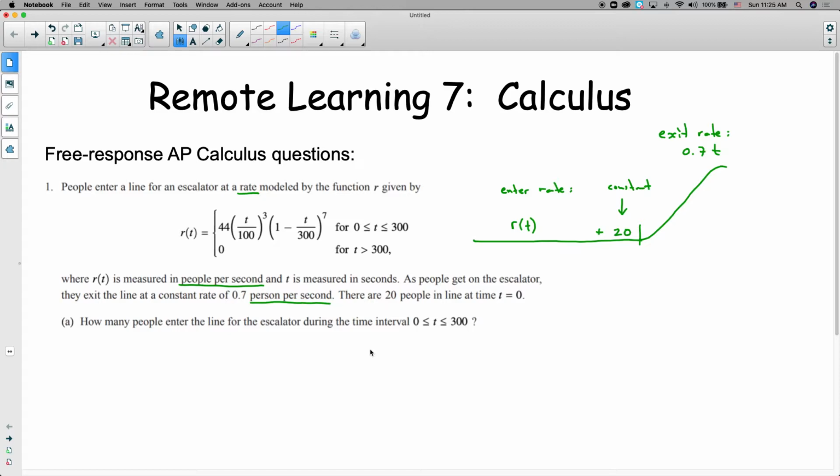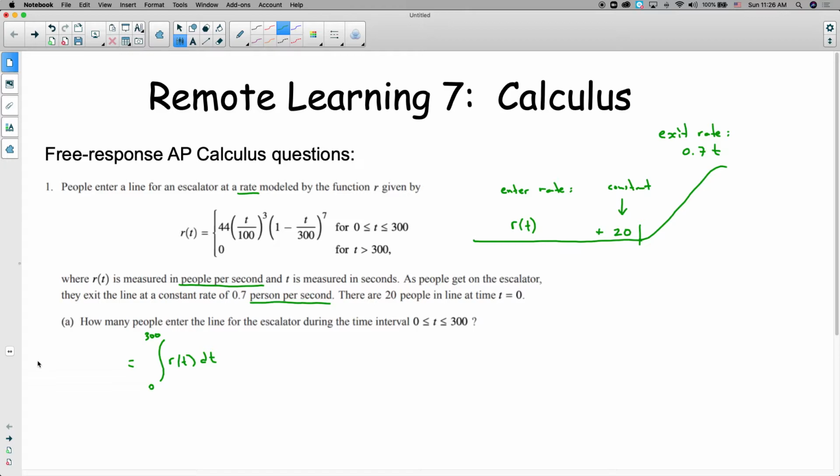So that the integral of the rate r(t) dt from 0 to 300 is going to equal the number of people who join the line.